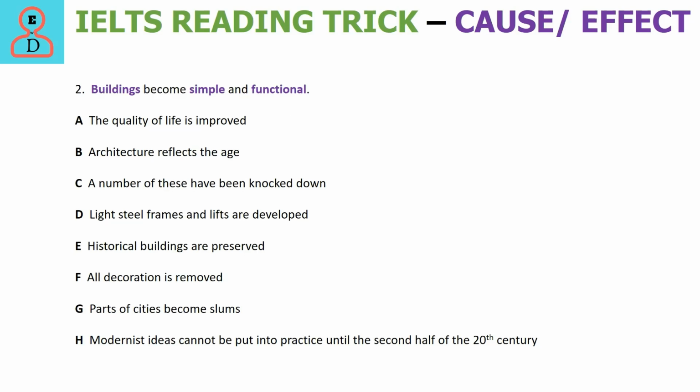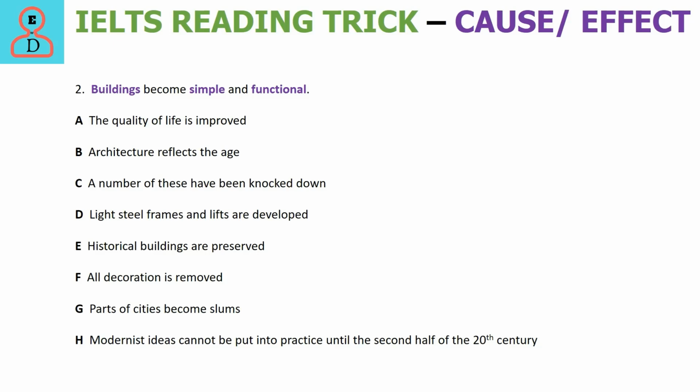Now, in the second question, we are talking about making buildings simple and functional. So, tell me, how do you make anything simple, or what type of thing would you call simple?